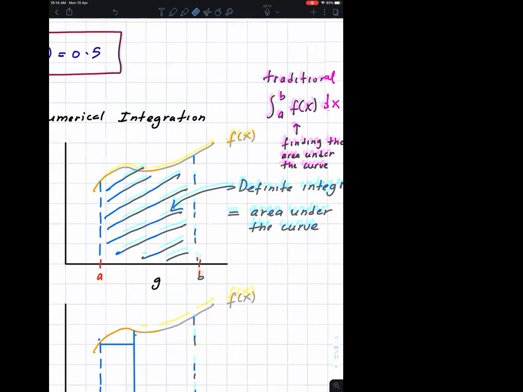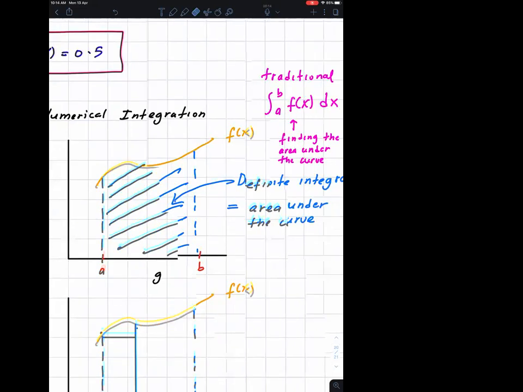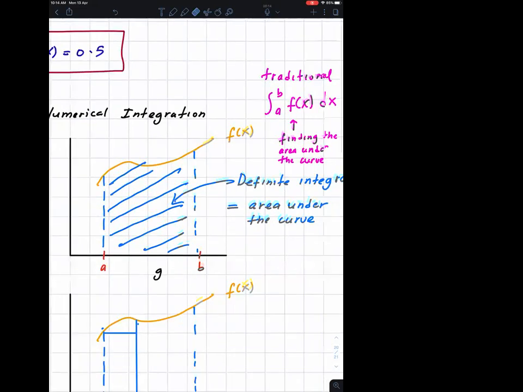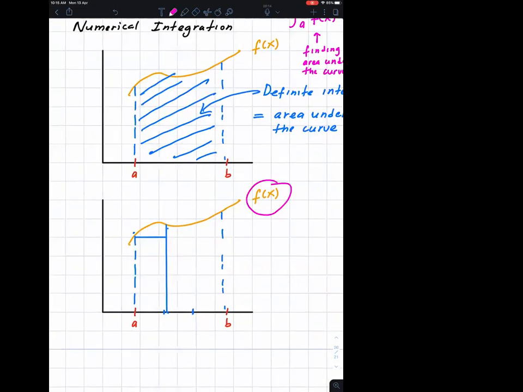In numerical integration, what we'll do, for example, this is the curve. I'm trying to find the area under the curve. And let's say this equation is very complicated. So what I'm going to do is split the area under the curve into a few pieces.